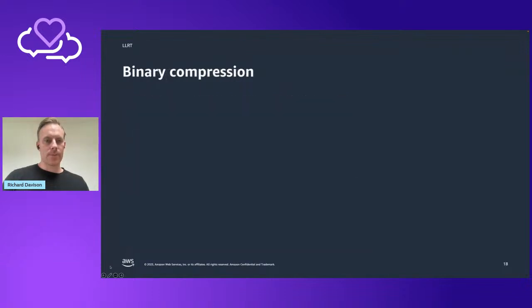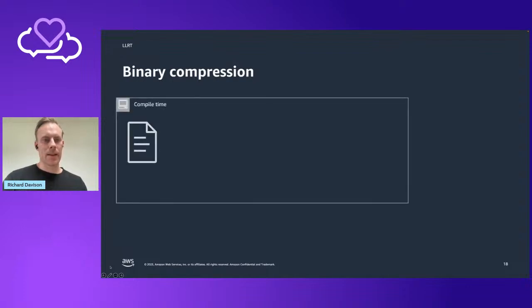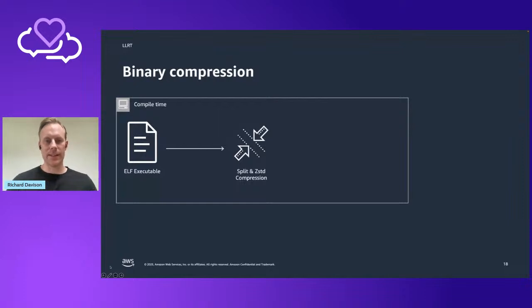And moving on, as a final step to reduce the size of the whole executable, we apply something called binary compression. At compile time, we take the LLRT binary, which is an ELF executable. We then split it into different parts. In this case, we split it into 2 parts, and we compress them with Zstandard.